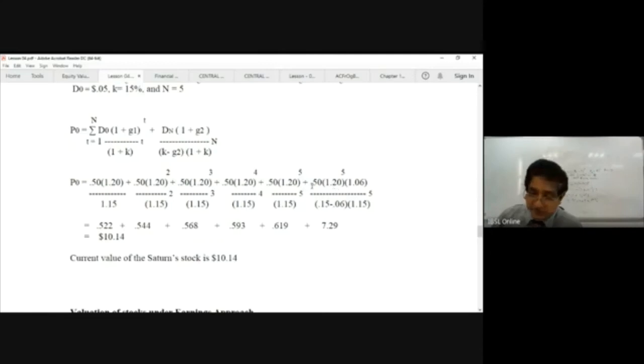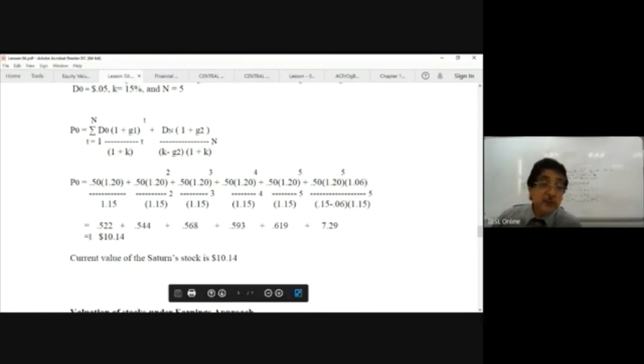Then P5 is D6 divided by K minus G, where K is 0.15 and G is 0.06. And it has to be present valued by dividing by 1.15 to the power 5, and you get the value 7.29 there.